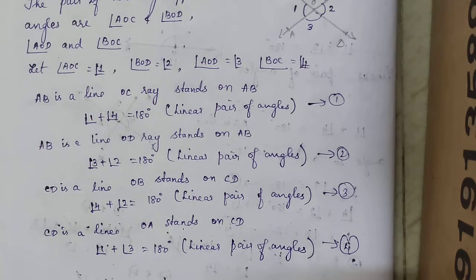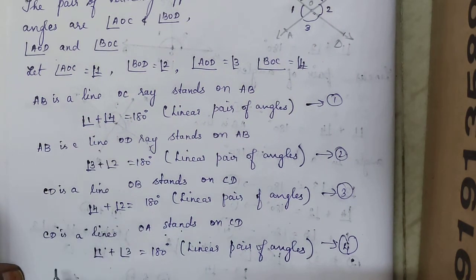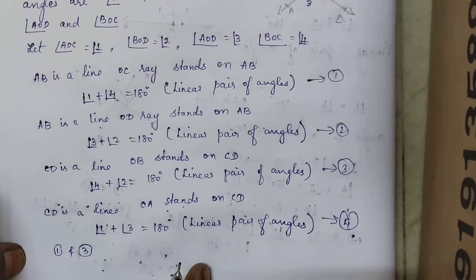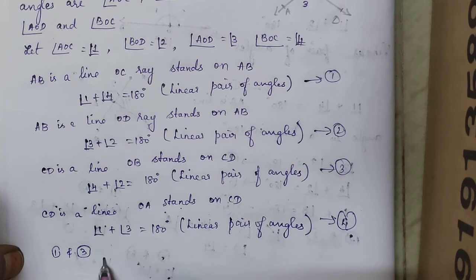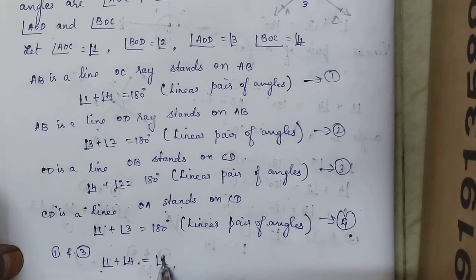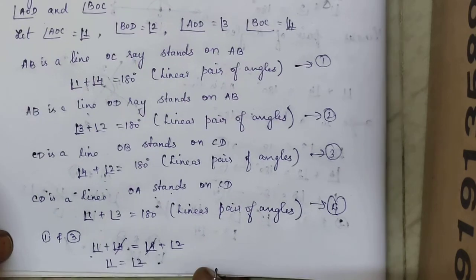Now select equations 1 and 3. Now in that, 1 plus 4 is equal to 4 plus 2. Now 4 is common, so we can get angle 1 is equal to angle 2.